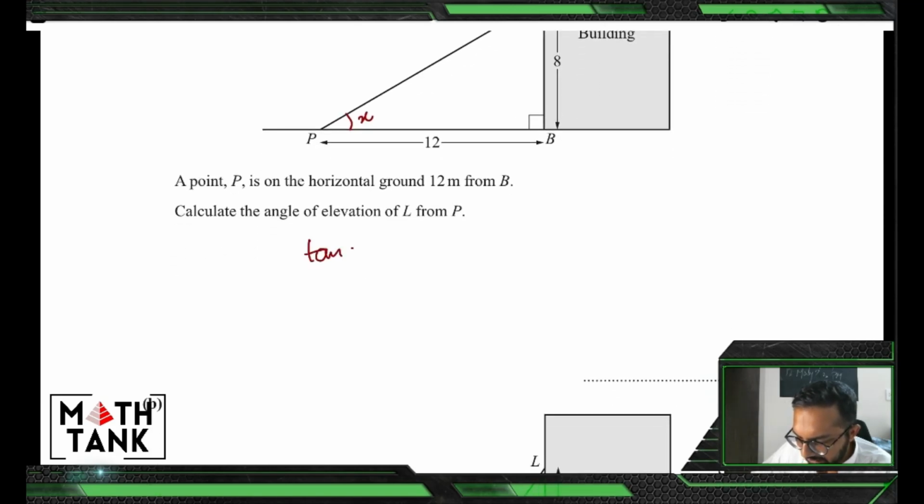I think that's a simple question. I can just say that tan X is basically 8 over 12, opposite over adjacent. So X is therefore tan inverse of 8 over 12, which is 33.7 degrees.